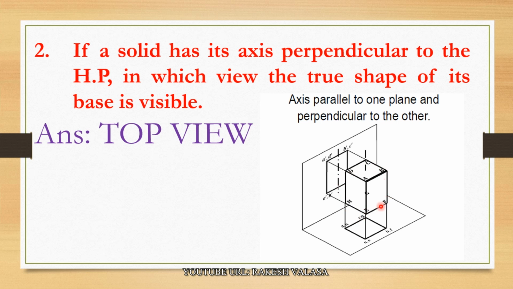In this condition, we can see the true shape in the top view. Because this is a cube, you can see the true shape in the front view and top view. If you take any other prism, like a pentagonal prism or hexagonal prism, you can see the true shape only in the top view. So the answer is top view.